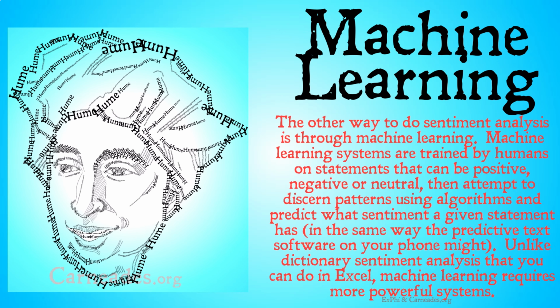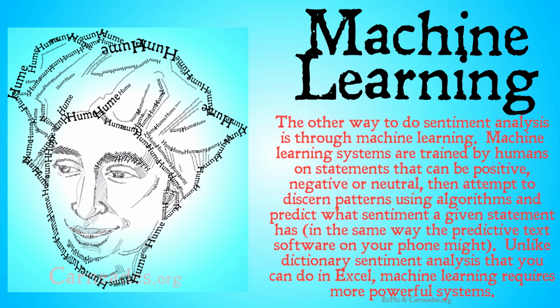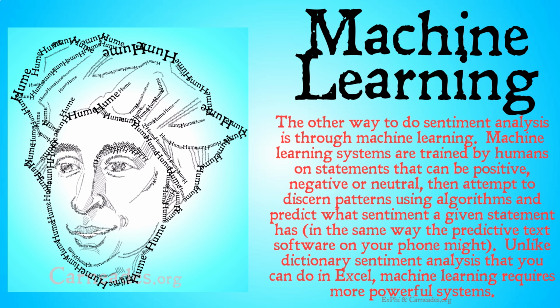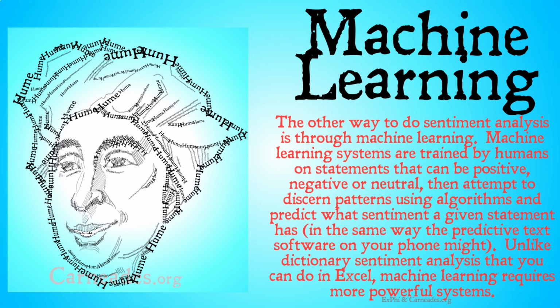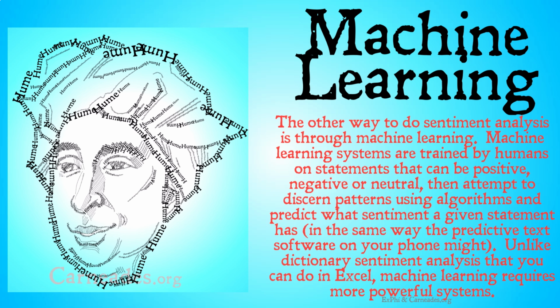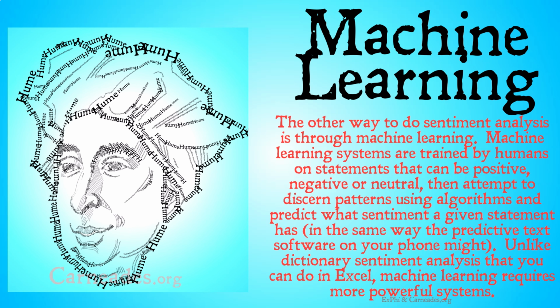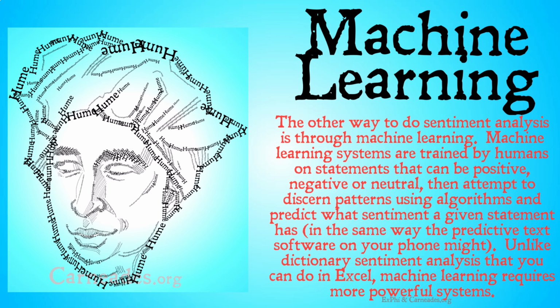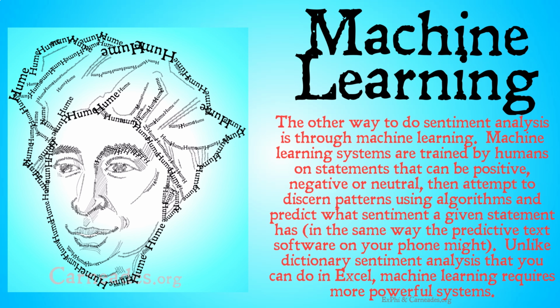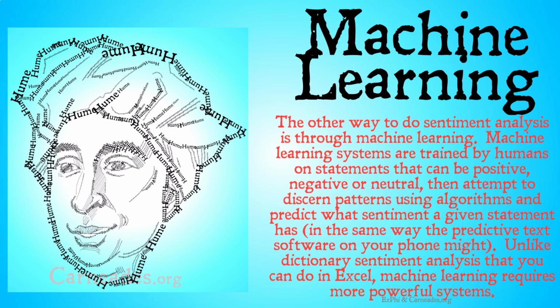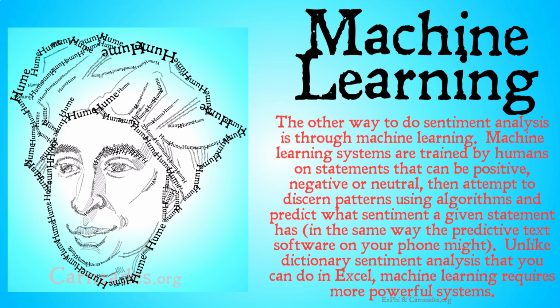So, the other way to do sentiment analysis is through machine learning. Machine learning systems often may start with a dictionary of some kind, but then are trained by humans on statements that could be positive, negative, or neutral to learn the context of a particular topic. Often these are used by businesses that want to gauge the sentiment on a particular social media platform of maybe a new product that they put out.